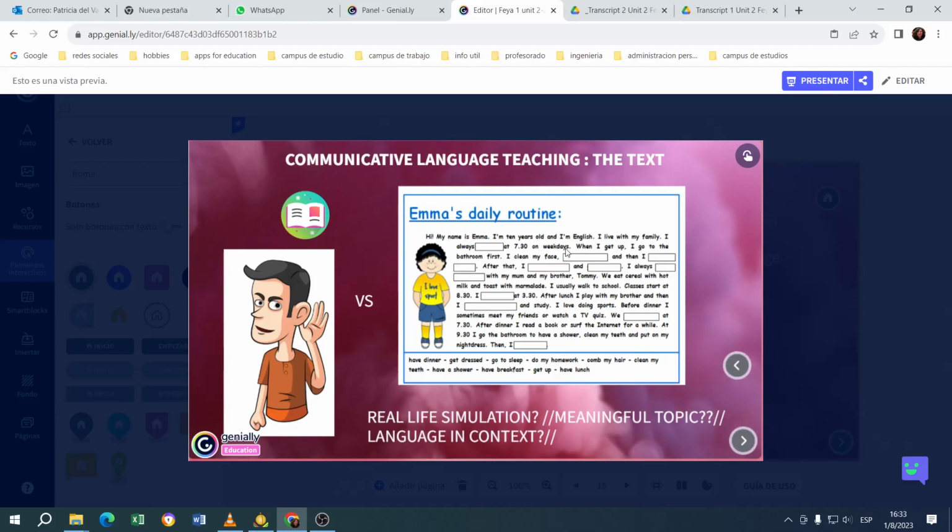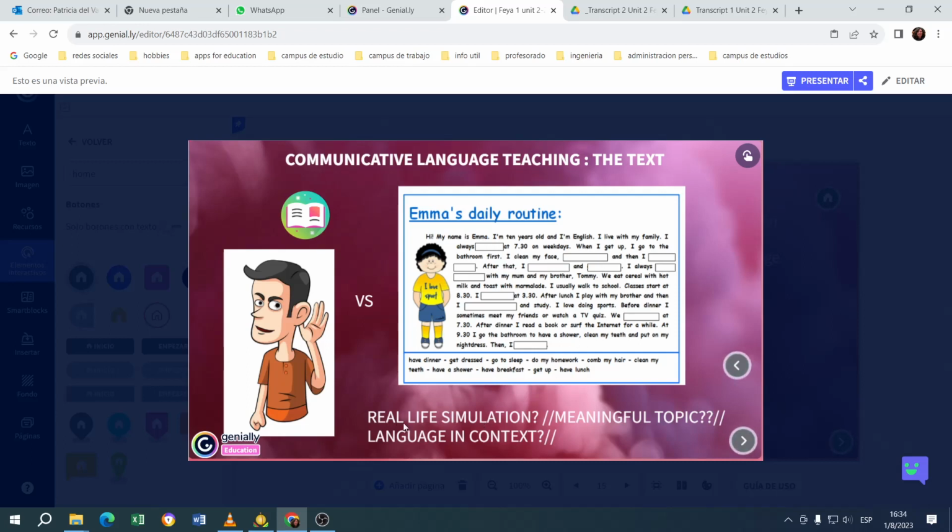What do you think? What is more communicative? Eavesdropping, or Emma's daily life routine, with a text about Emma, an invented character, with blanks to fill in?